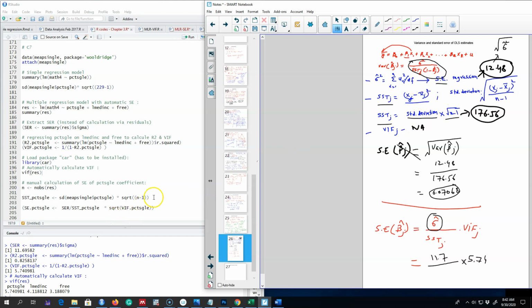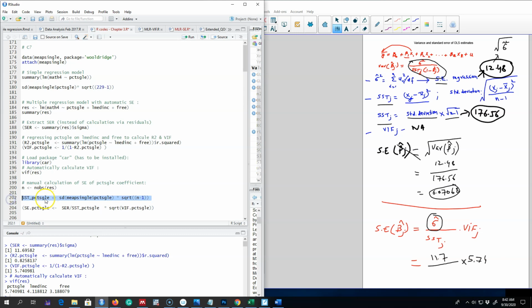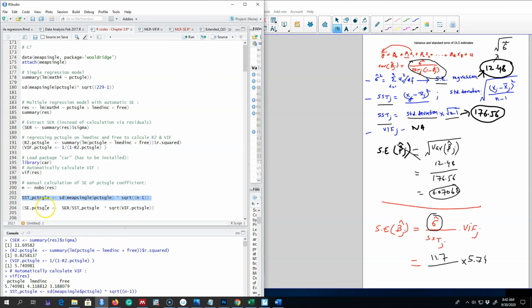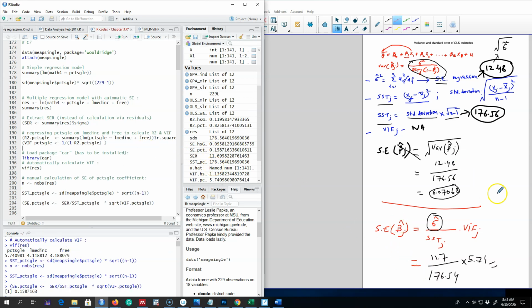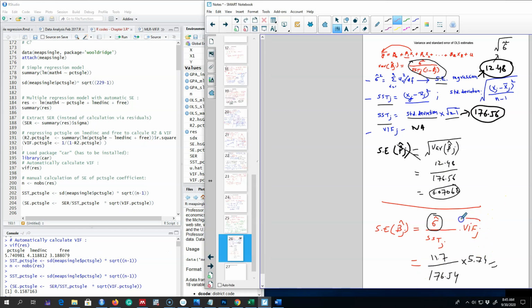That is how much variation there is in this variable relative to the mean, and I'm going to save this number as SST percent. We can have a look at this value right here, SST percent, which is 176.57. Okay, so we need to take the square root of this number because we are calculating the standard error instead of the variance of beta j.